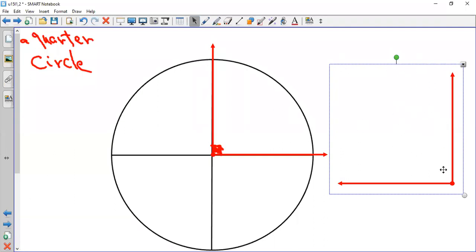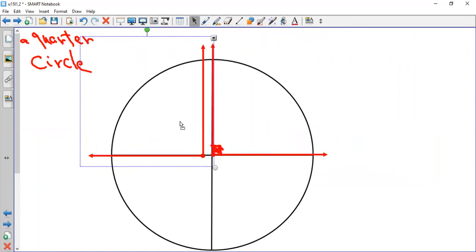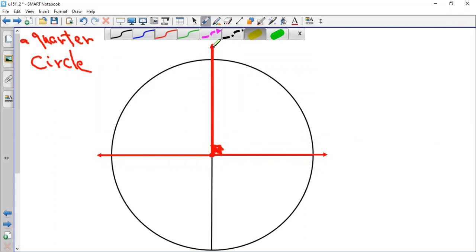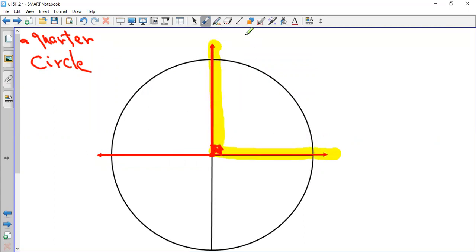And if we have another right angle here, and I put this right angle next to the first right angle, I will see that these two right angles together form a straight line here. So I have this right angle here like a quarter circle, and another right angle here like a quarter circle.